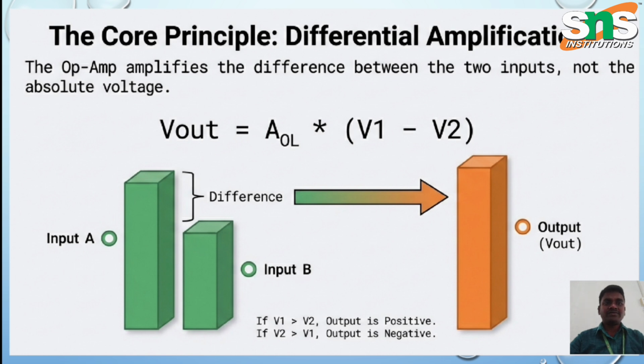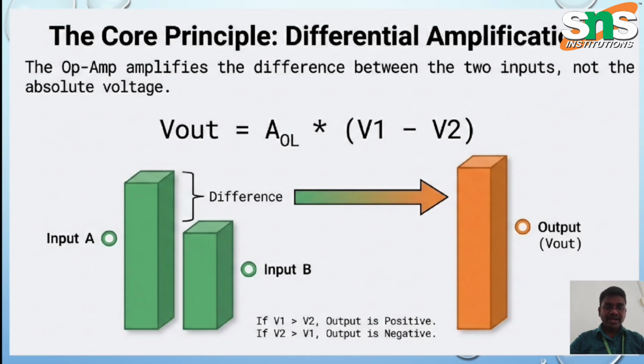The core principle of differential amplification is that the op-amp amplifies the difference between the 2 inputs, not the absolute voltage. So the output voltage is equal to A times (V1 minus V2), where V1 minus V2 is the difference between the 2 voltages.